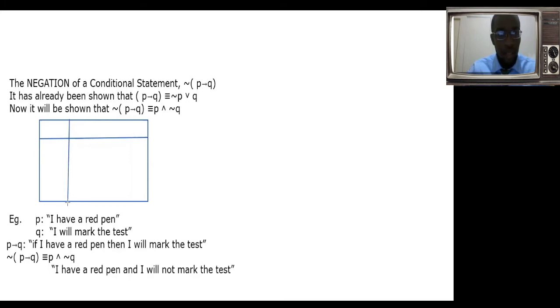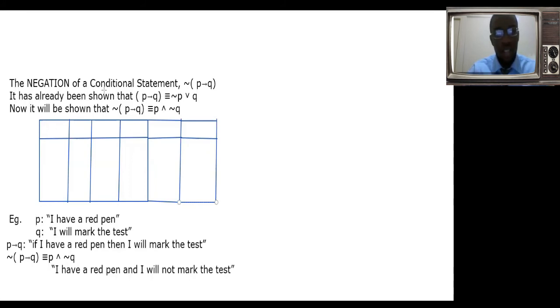So we have P, then we have Q, then P implies Q, then the negation of P implies Q, and we're going to need one more column for P and not Q. So we're going to need not Q, then we're going to need P and not Q. Yes, this should be enough.